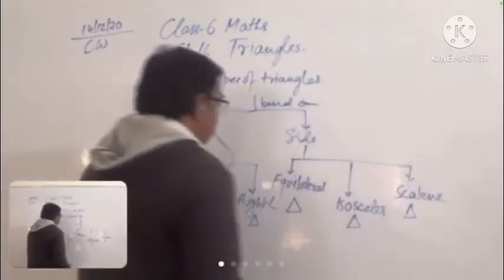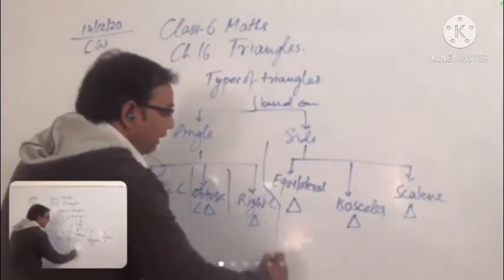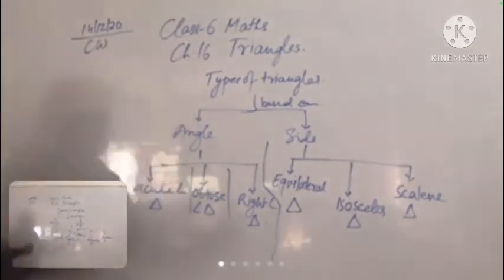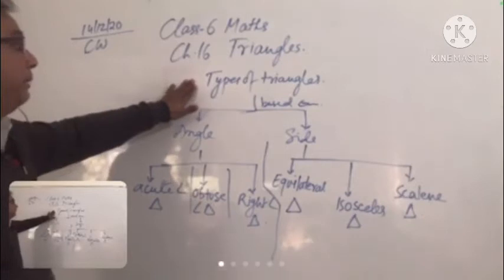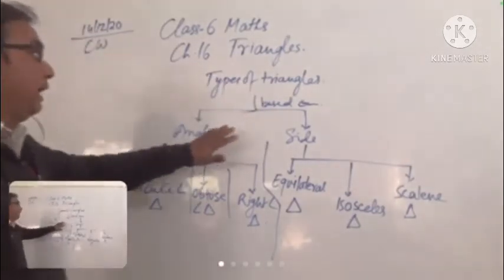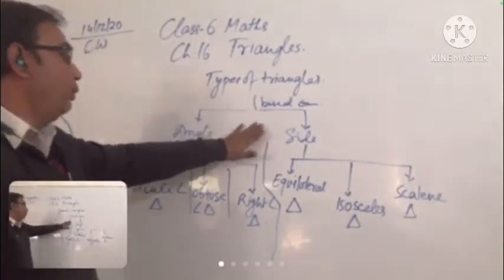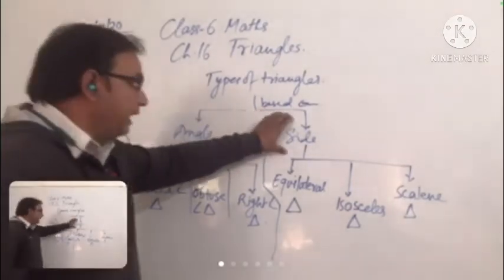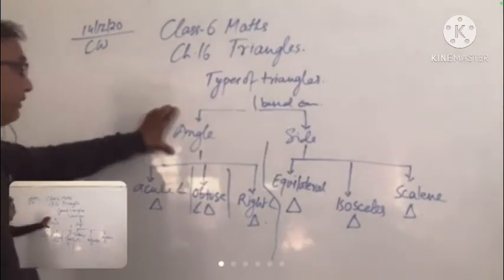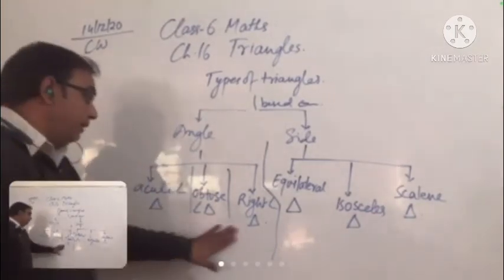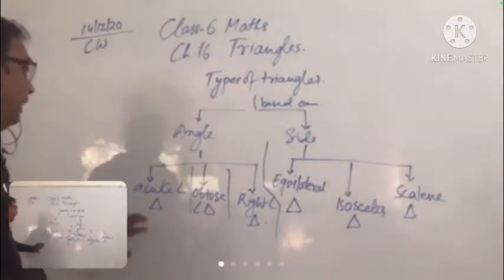Means equilateral, isosceles and scalene triangles are classified on the basis of sides. Now let us discuss one by one. I will explain all of them, whether angle based or side based, so you can understand well.